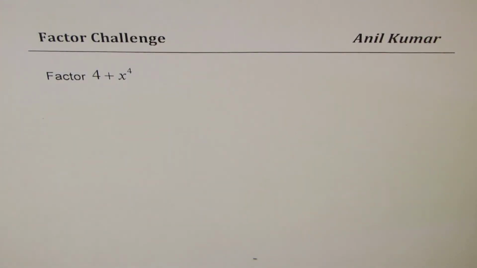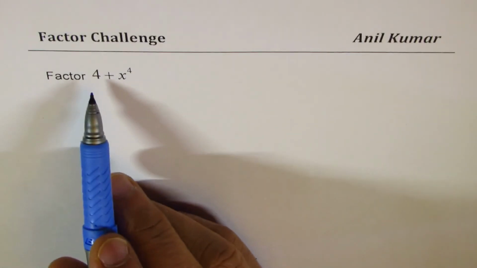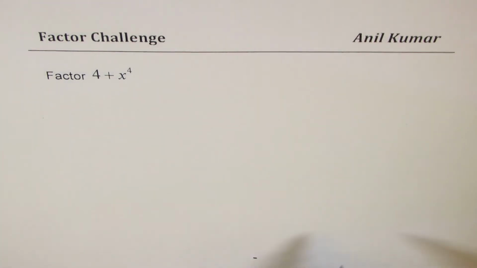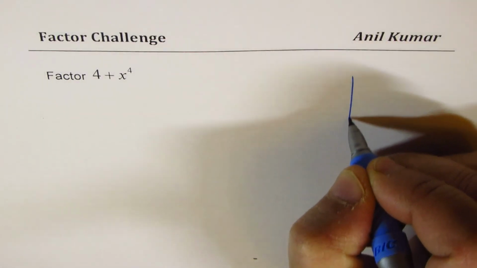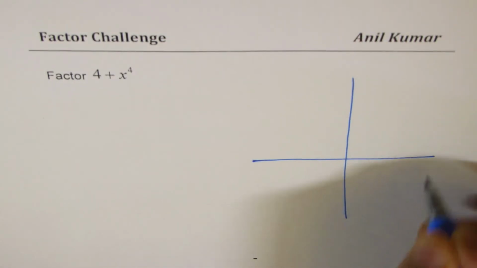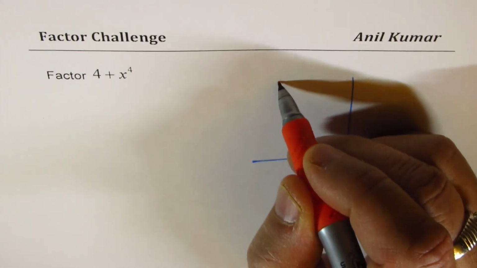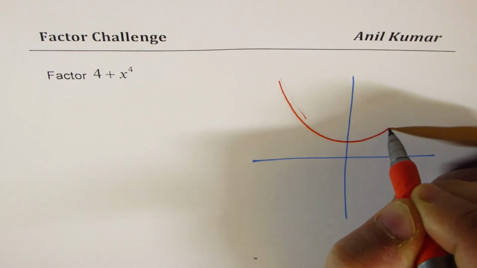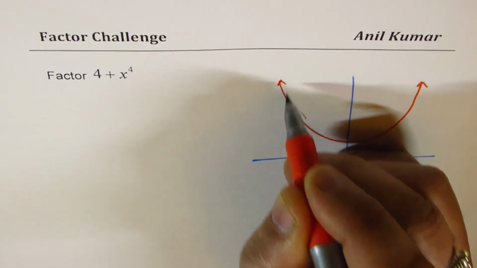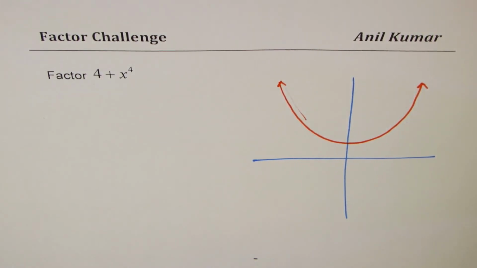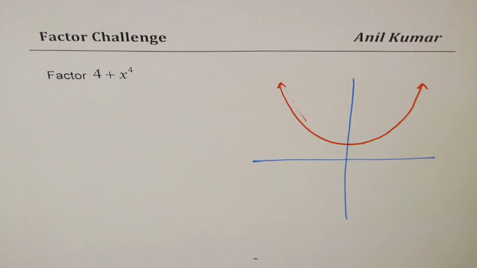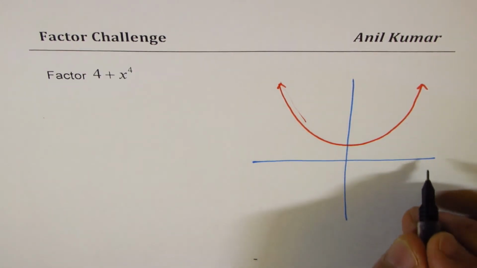Now here is the last question of our factor challenge. We need to factor 4 plus x to the power of 4. You have learned that if you sketch it, what graph do you get? We'll get a graph which will be like this, opening upwards with an absolute minimum at x equals 0, right?